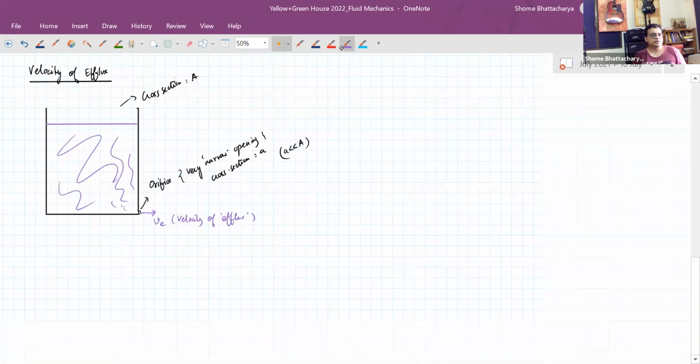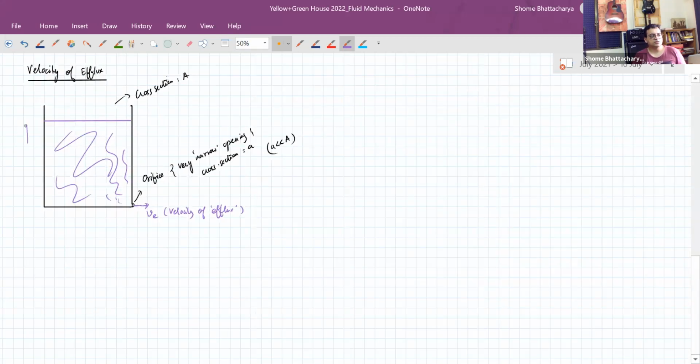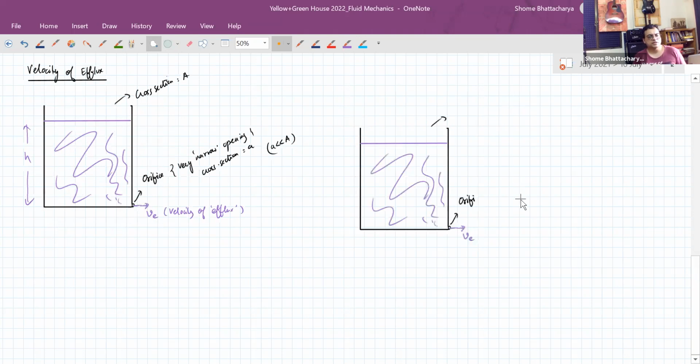So now the derivation of that is done using again a combination of Bernoulli's equation and continuity equation. Everything in hydrodynamics is always ultimately a combination of these two things. So to understand the speed of efflux, we visualize the streamlines.